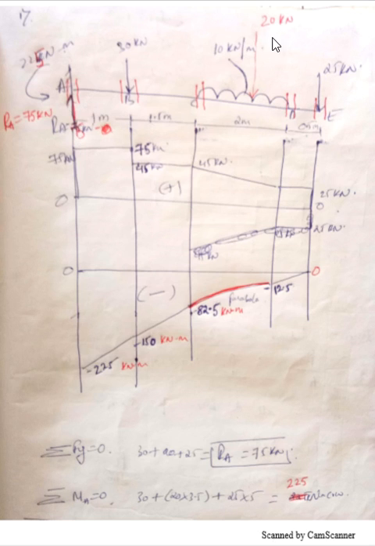Then this force is 20, the perpendicular distance here will be 1 plus 1.5 plus 1, which is 3.5, so it is plus 20 into 3.5 because it is a clockwise moment. Then there is the 30 kilonewton force, which is again giving me a clockwise moment with respect to A, so plus 30 into 1.